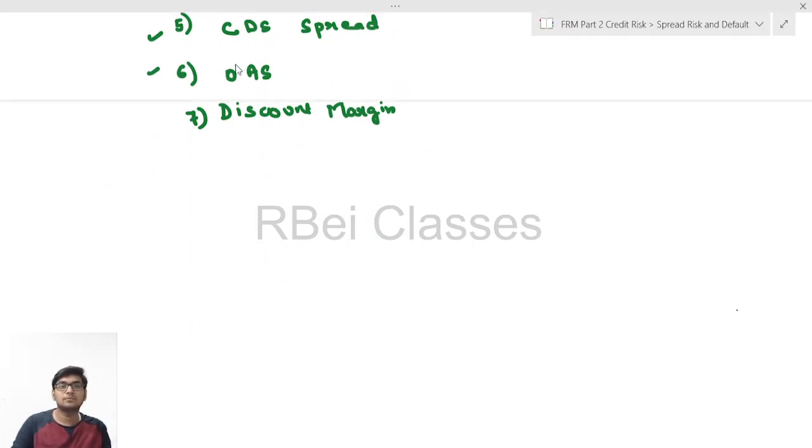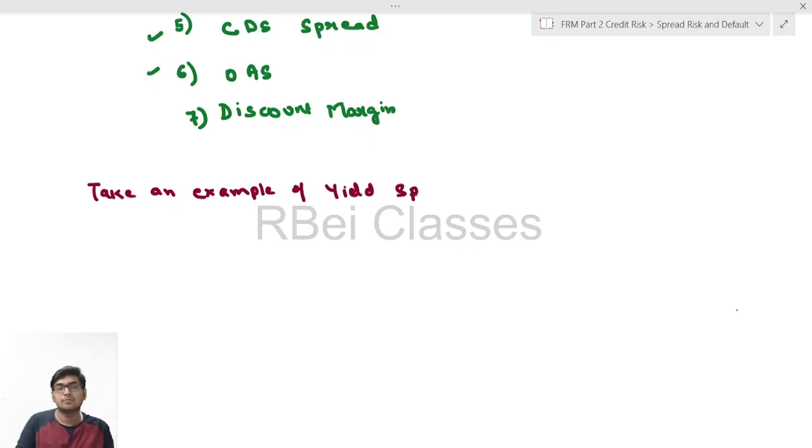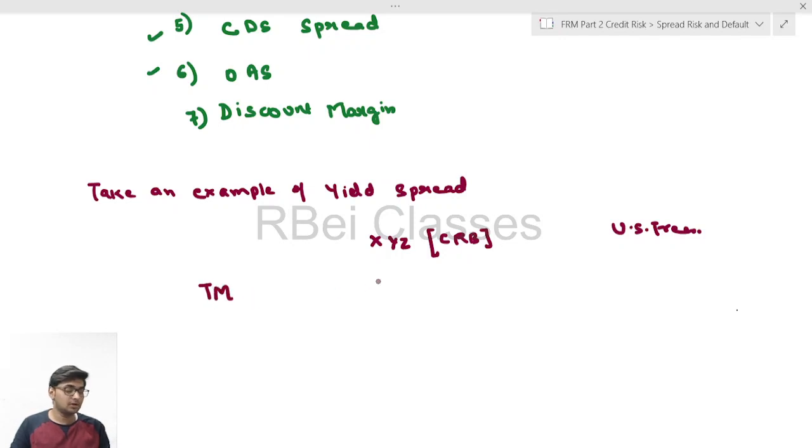Write down, take an example of yield spread. So we have two types of bonds. One is XYZ, which is a corporate risky bond. Then we have US Treasury bonds. Clear? Now, time to maturity: 20 years, and over here also 20 years.